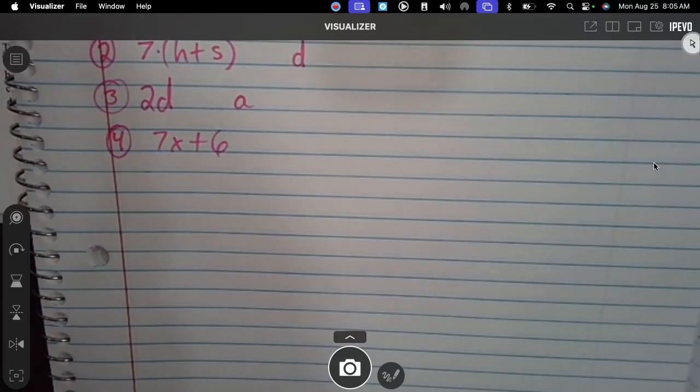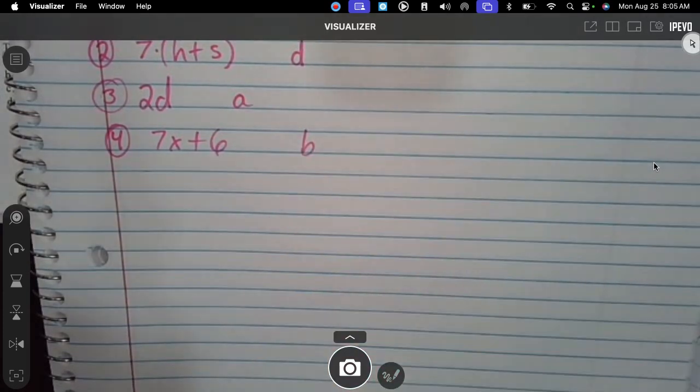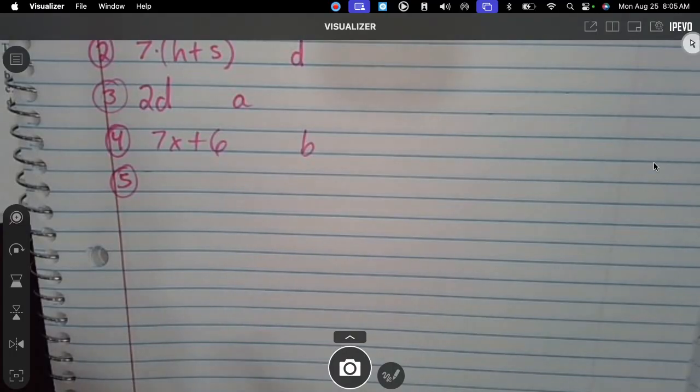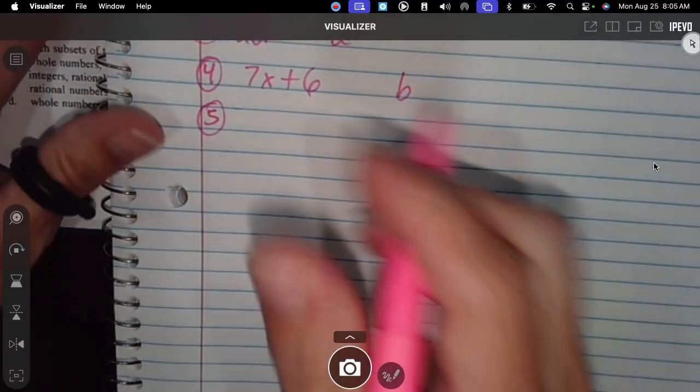But I see where we're adding on B, the sum of 7 times x and 6. Did y'all get B for that one? So on that one, there were lots of different ways to write it. I just had to find the one that matched, okay? So number 4, your answer was B. Okay, I'll keep going. Number 5, this one we've got some stuff to work out.